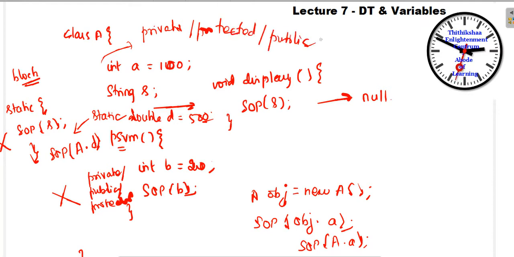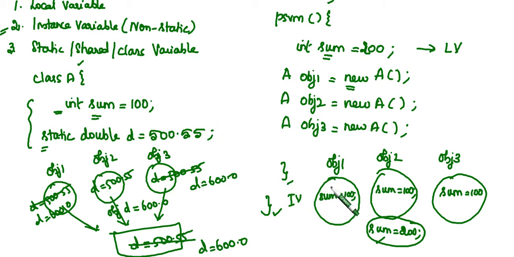Generally, for instance variables, keep them private, and for static variables you can keep them public. Each object has its own copy, so make it private. But here it is shared, so make it public.